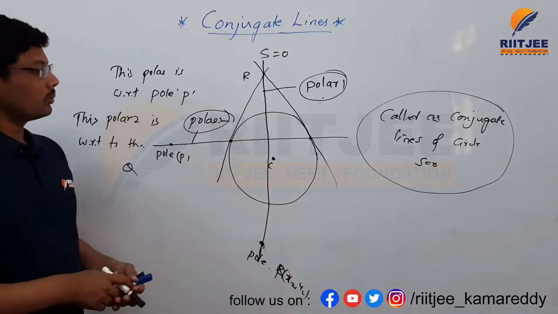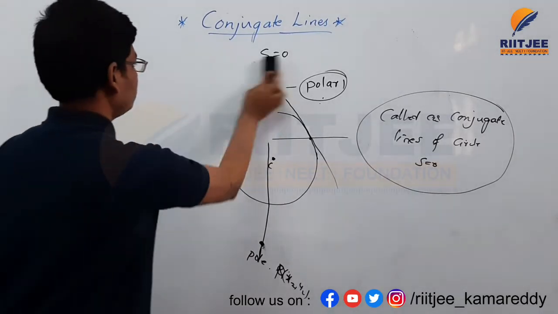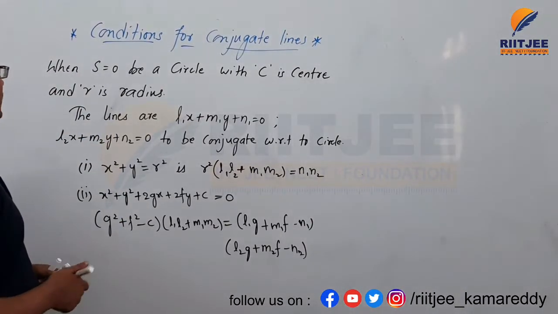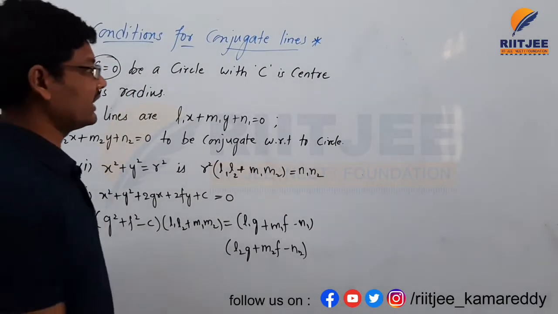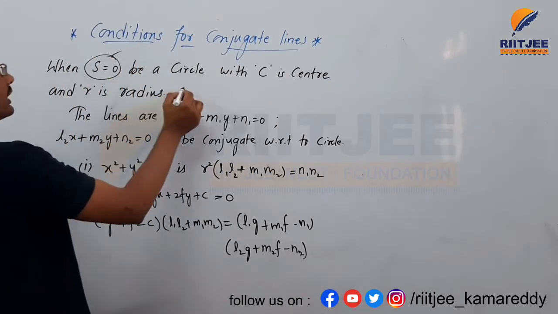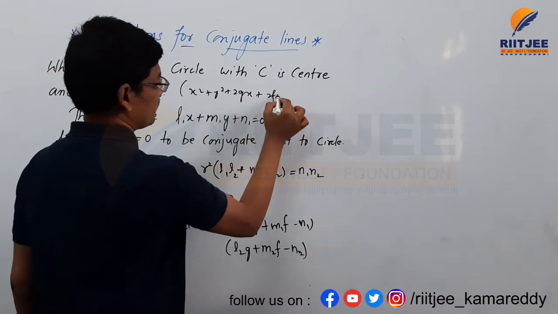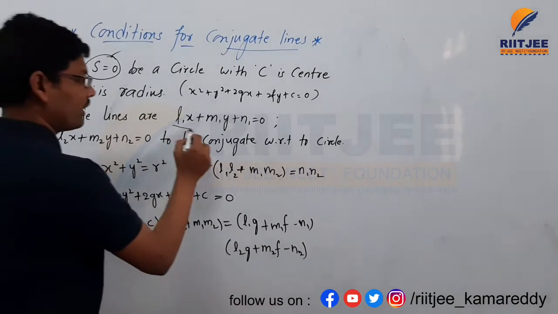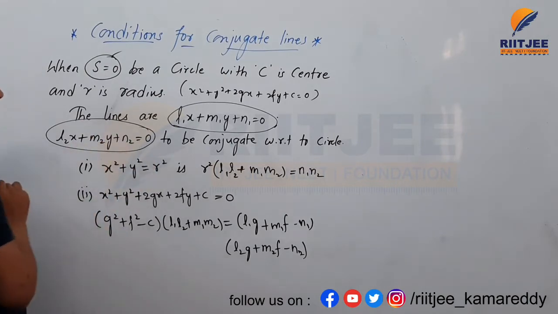In this next part we will discuss the conditions for conjugate lines. Here, let S equal to 0 be a circle having center C and radius R, where S equal to 0 is nothing but x square plus y square plus 2gx plus 2fy plus c equal to 0, and the lines are L1x plus M1y plus N1 equal to 0 and L2x plus M2y plus N2 equal to 0.